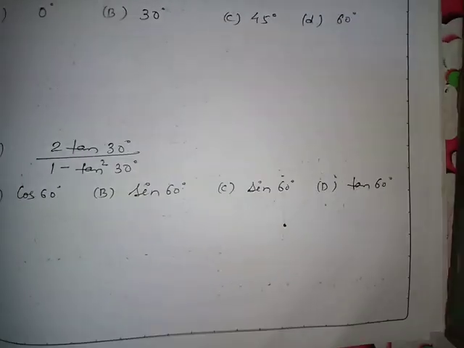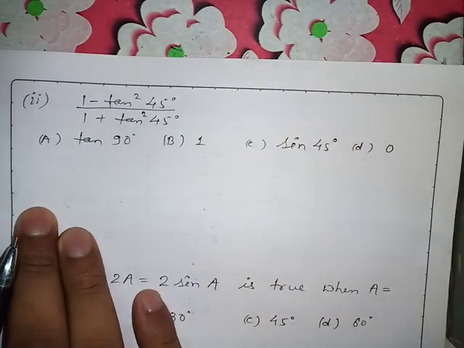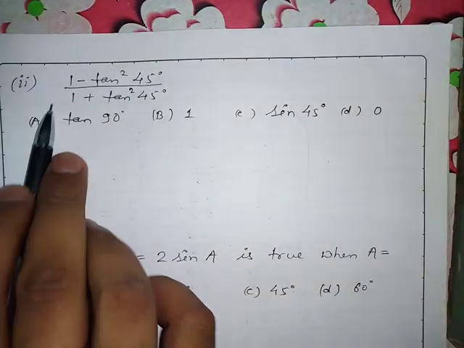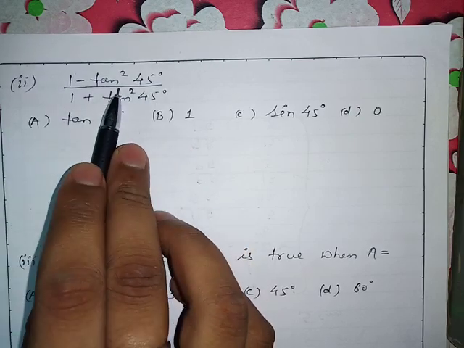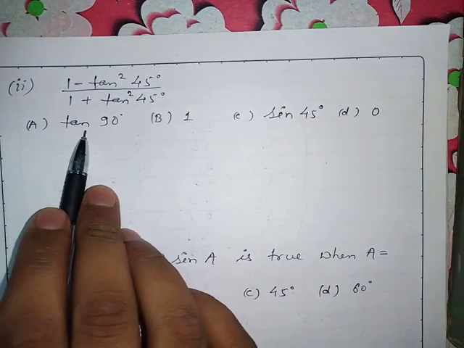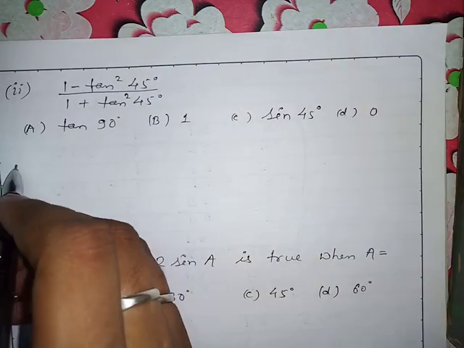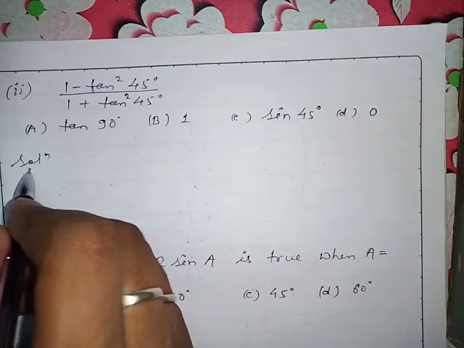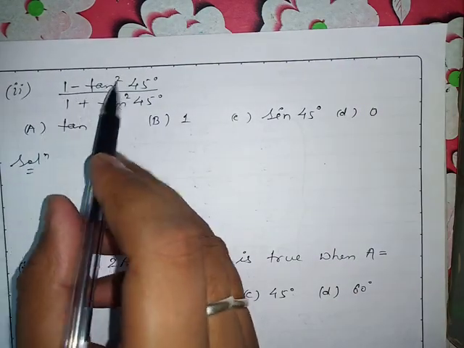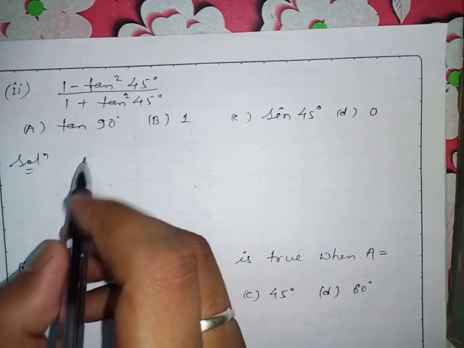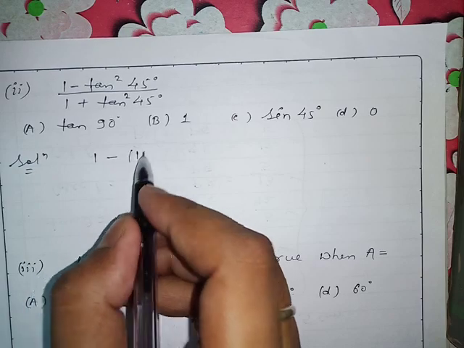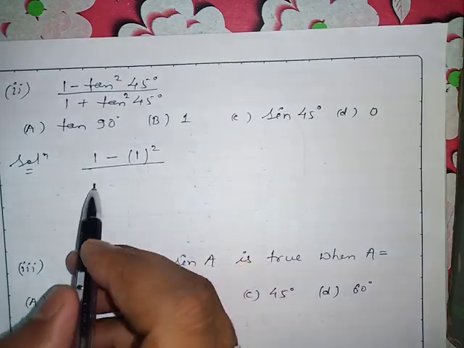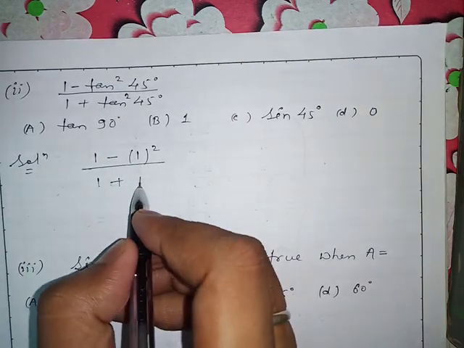Now see second. In second part, the question is given 1 minus tan square 45 degree by 1 plus tan square 45 degree. So now see, this is 1 minus tan square 45 degree. So 1 minus tan 45 is 1 square, by 1 plus tan 45 is 1 square.